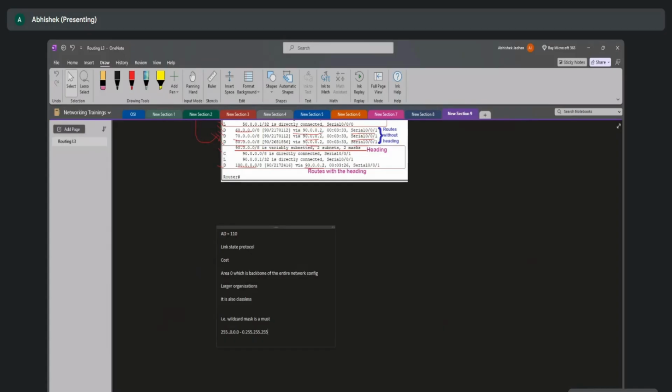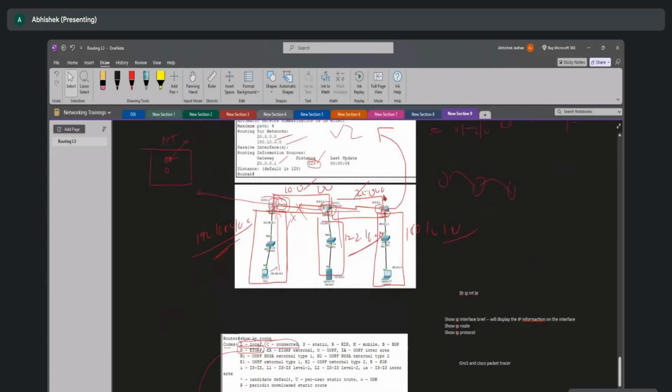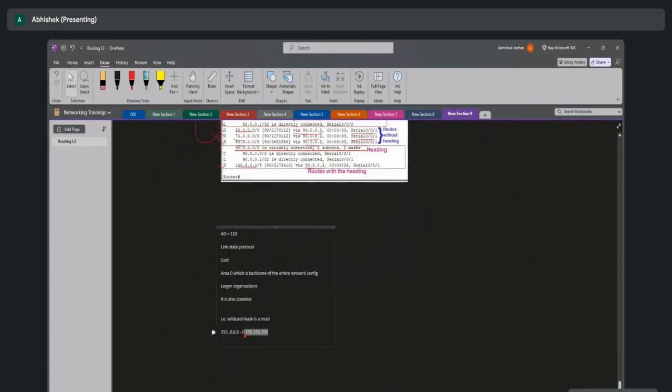So let's assume that you have the IP address 20.0.0.2/8 given, and you want to configure OSPF on this router. When you configure the routing protocol, that is OSPF, you have to give the wildcard mask, not the subnet mask, and that is how it understands that this one is a class A IP.